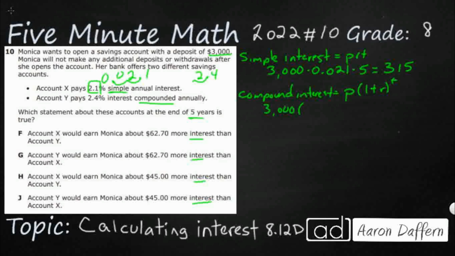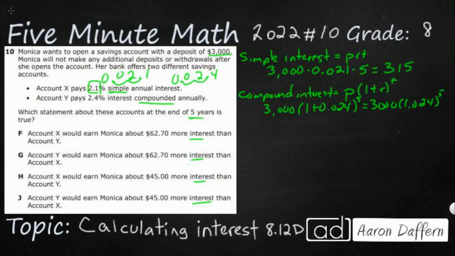So it's going to be 1 plus 0.024, and then we're going to raise that to the power of 5. Definitely need the calculator for that. If we wanted to simplify that, it's going to be 3,000 times 1.024 to the power of 5.